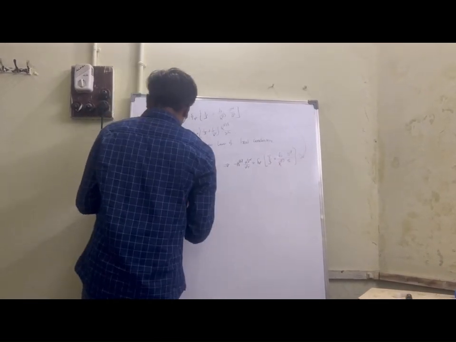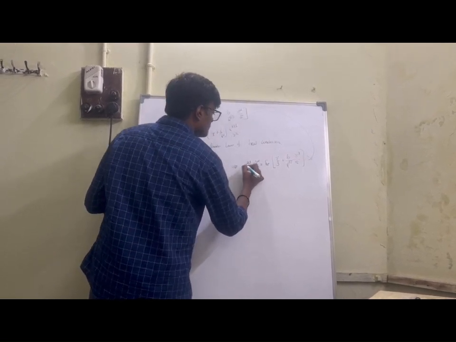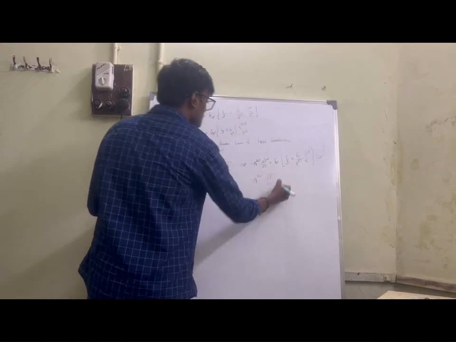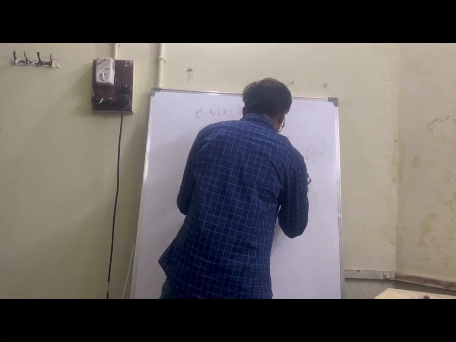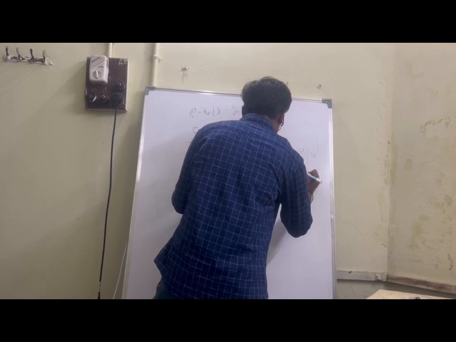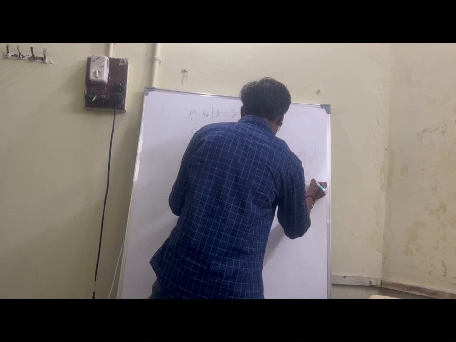Now further rearranging this equation, we get dTc by dr is equal to the Sn naught 1 by 3 plus B by 5 RF to the power 5 divided by r square.